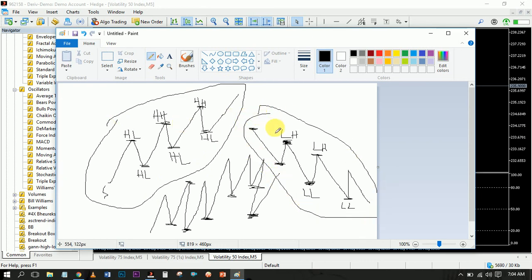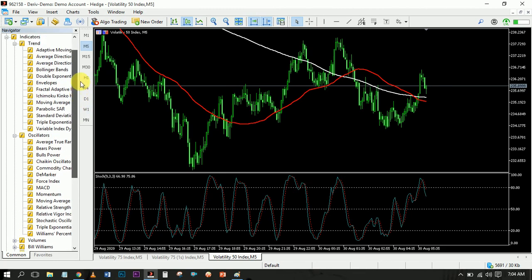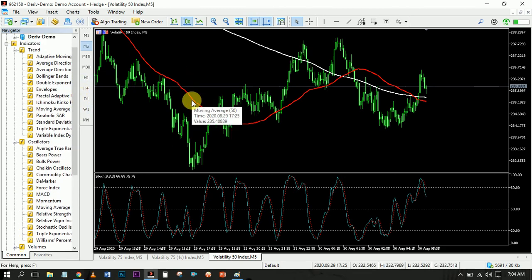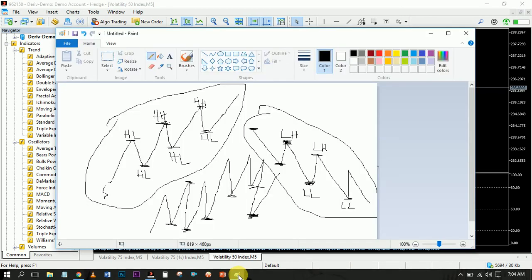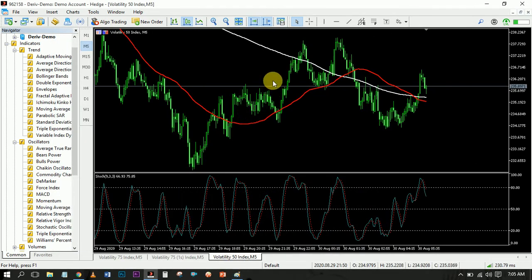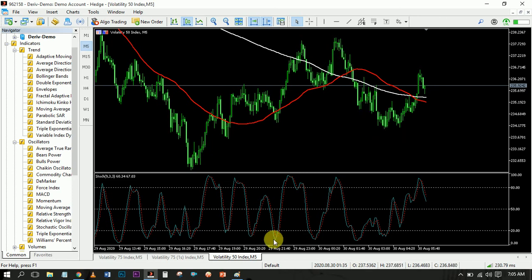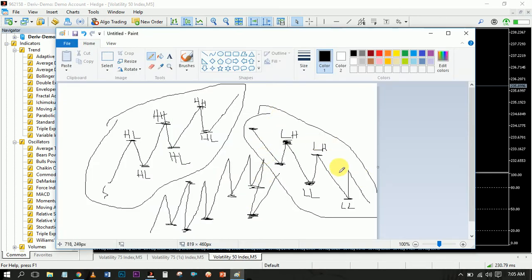Once you understand how this works and how this works, all you need to do is to place your filters, which are the moving averages, 50 and 200. Once those are in place, once you have your cross to the upside, then you're certain that you're in an uptrend. Then all you need to do is to look for the buy setups. Then once you have your cross to the downside, all you need to do is to look for the sell setups.